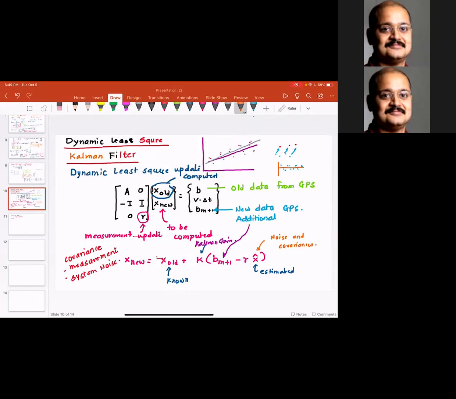By integrating accelerations two times, the software can compute approximately the difference between the new position and the old position. So basically, your phone is giving you this V multiplied by delta T. And the GPS receiver in the phone is going to give you this new data set, and the software in the phone is going to calculate x new based on the GPS update and the position update.